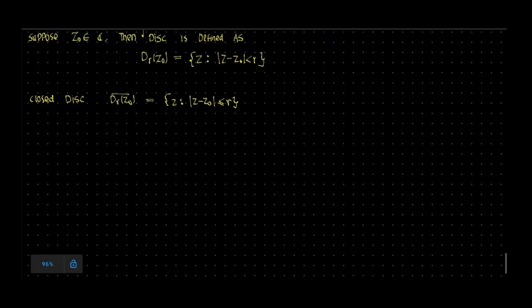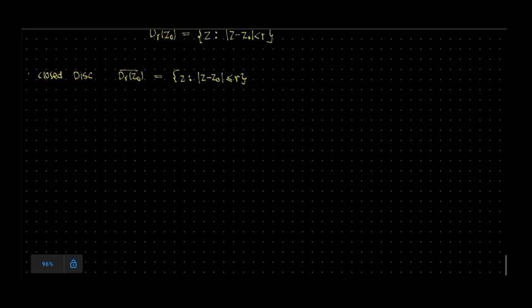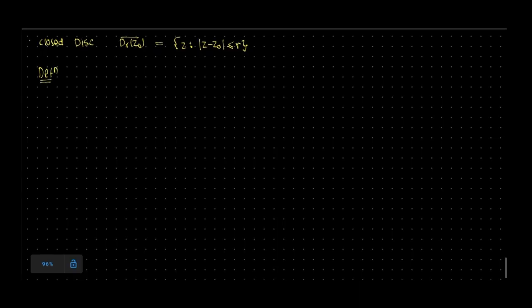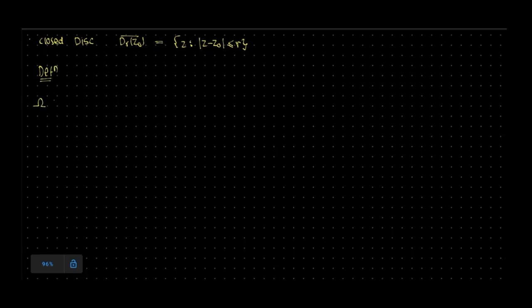Now we'll define an important object that will help us in defining many other things, which is the diameter of a set. Say omega is a subset of the complex numbers, then take a set A that equals the modulus of z minus w such that z and w both belong to omega.